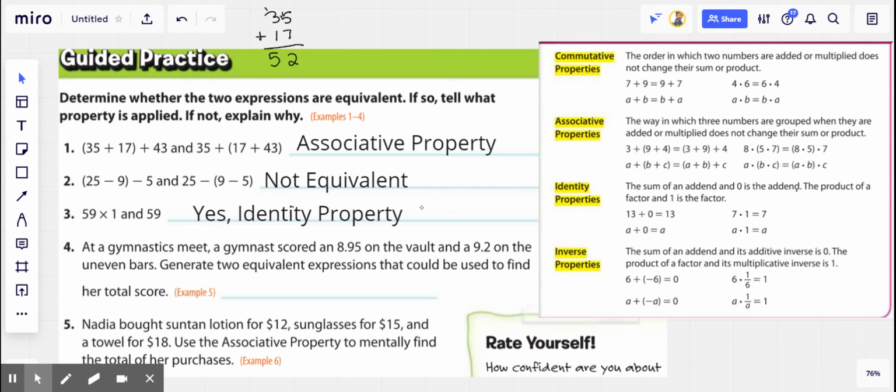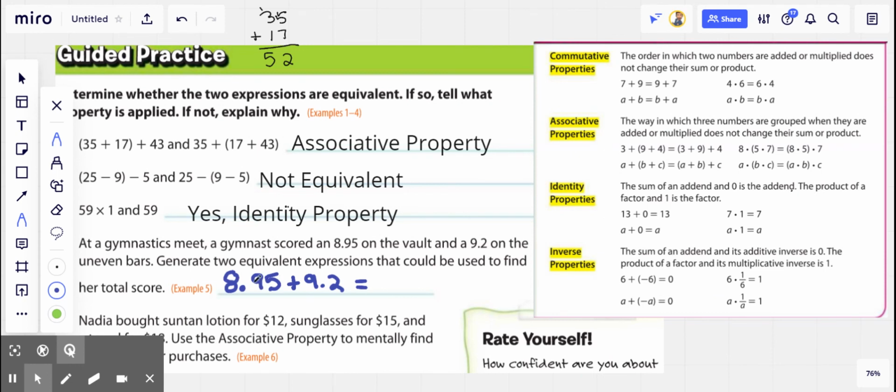Let's use commutative, right? No matter how we add these, they're both going to equal the same. Here's what that looks like. 8.95 plus 9.2 equals 9.2 plus 8.95.